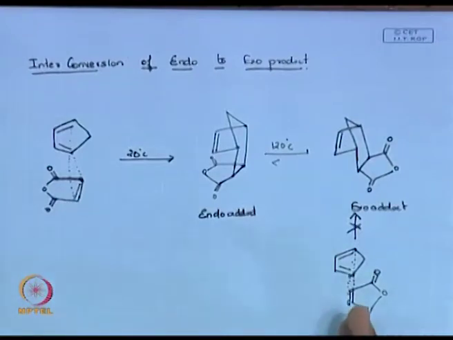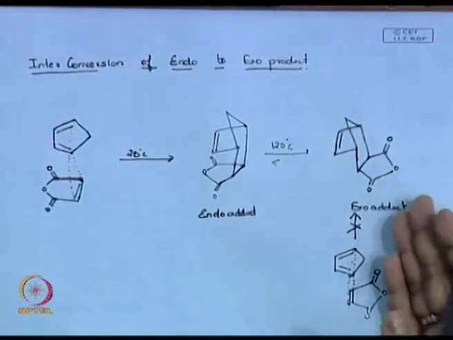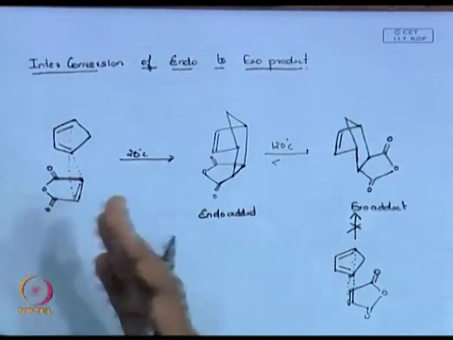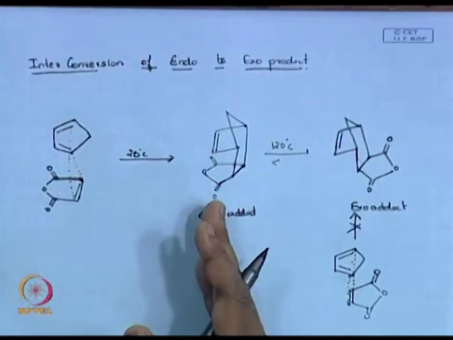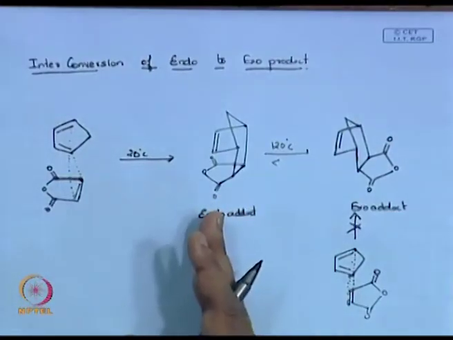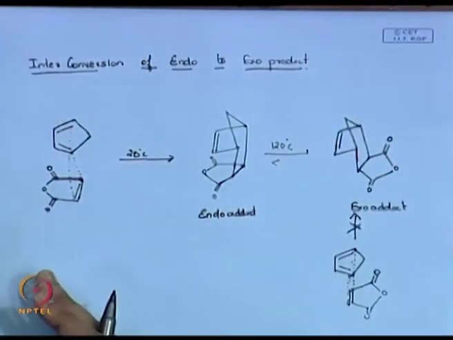If I take my cyclopentadiene with maleic anhydride and do the reaction, I never get my exo adduct. But if I do the reaction at 20 degrees Celsius, I end up with my endo adduct. But if I take my endo adduct and heat it, I end up with my exo product.